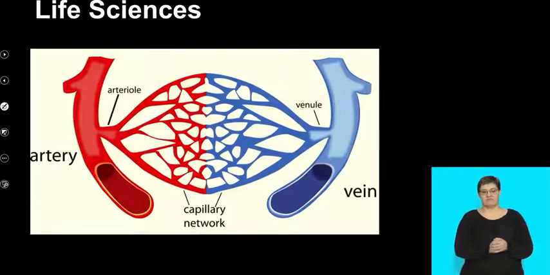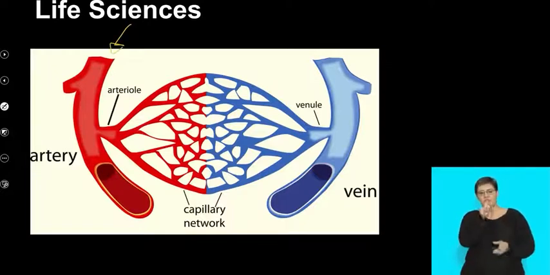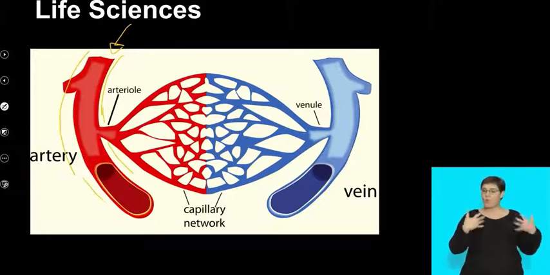Guys, we have a closed blood system, and what that means is blood cannot leave the blood vessels. If you have a look at this diagram over here, you will see it is a continuous layer. So what we're going to find is lovely, fresh, oxygenated blood is going to come through these lovely, big arteries.